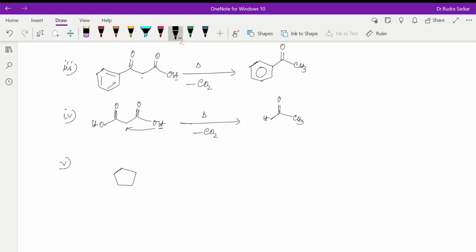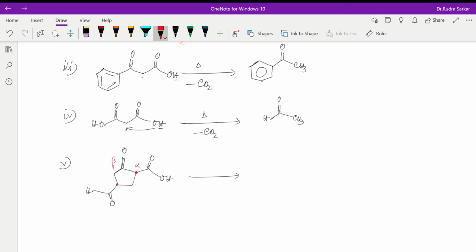Suppose I give you a molecule something like this. Now please understand, with respect to this particular acid group, this is alpha and this is your beta.